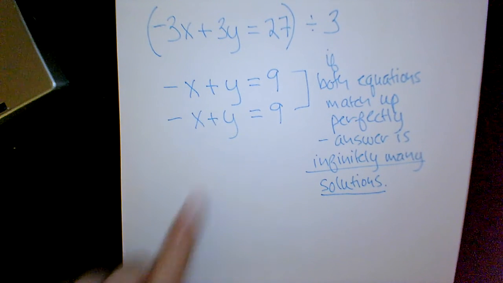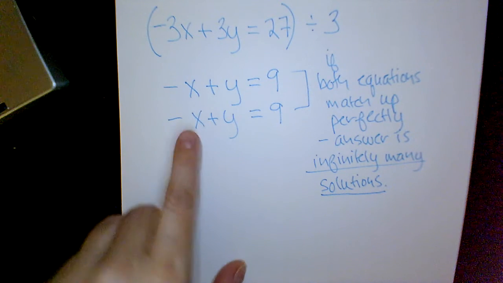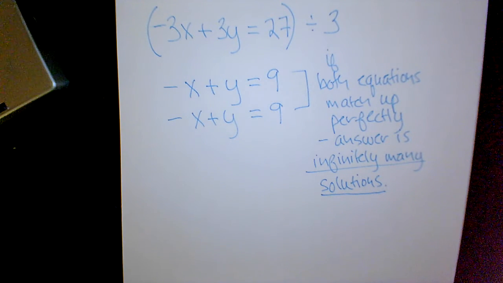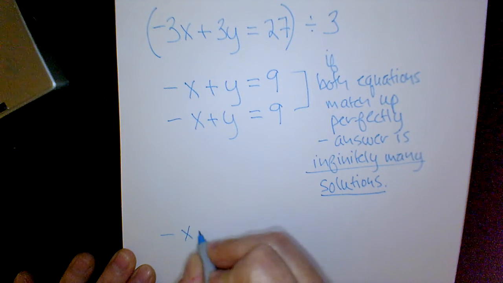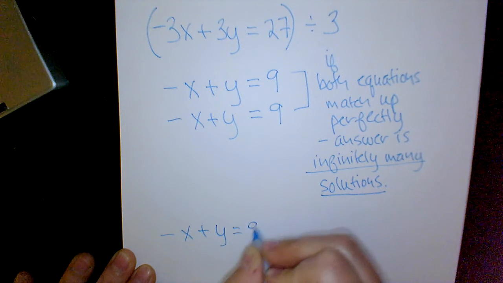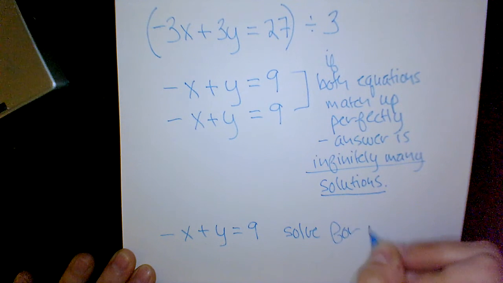Okay, so both of these y's are by themselves. The x's are here by themselves, but they have a negative in front. So I could take either one. I'm going to solve for y, get y by itself.